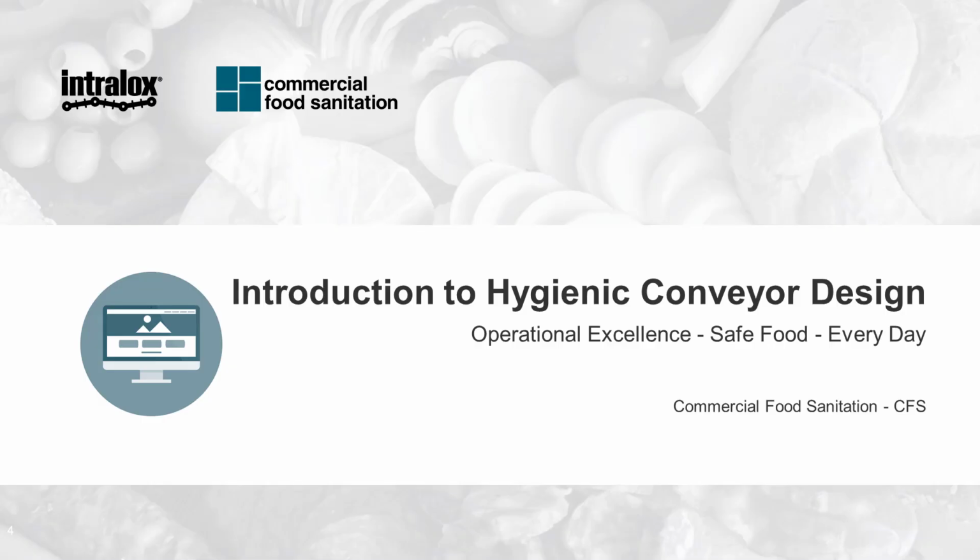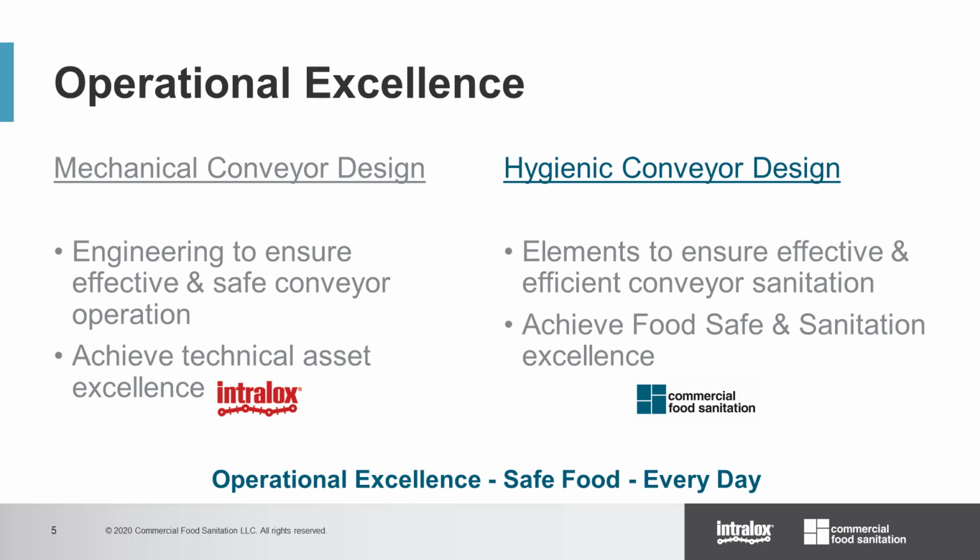So let's get started. To achieve operational excellence for a conveyor, there are two important elements. The mechanical design part, to ensure the conveyor runs effectively as per the operational requirements, as well as ensuring a safe operation at all times. The Intralox technical support team will be available to support you with the technical aspect in terms of belt choices and design to achieve that technical operational excellence.